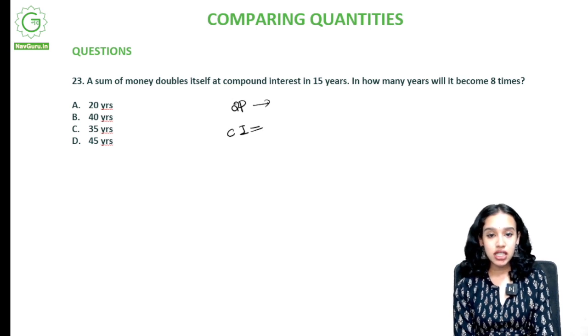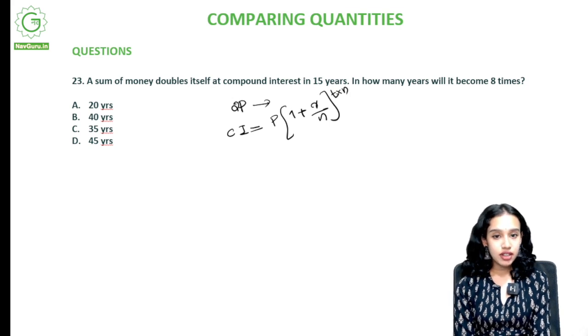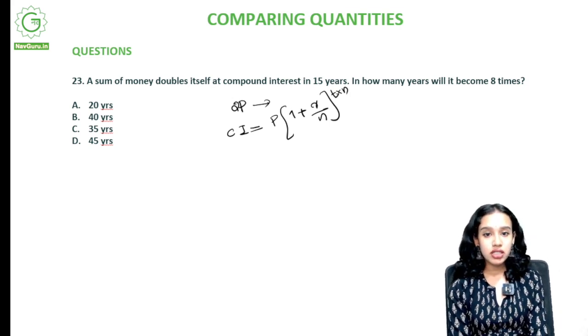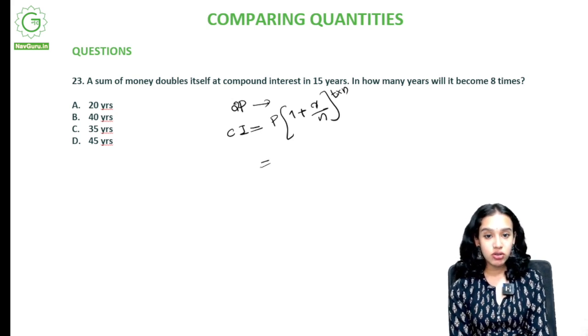Compound interest is equal to the principal, which is p into 1 plus r by n raised to t into n, right? So the sum of money doubles itself in 15 years. Now the amount becomes 2p into 1 plus r by n raised to t, where t is 15 years, right?